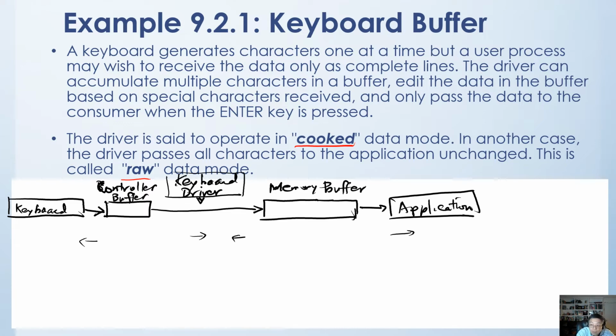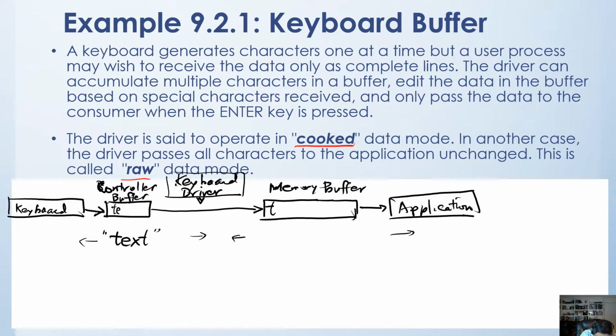So let's take a look at an example, where the user wishes to type the text TEXT. But the user made a mistake. The user types T and it is moved to the memory buffer.